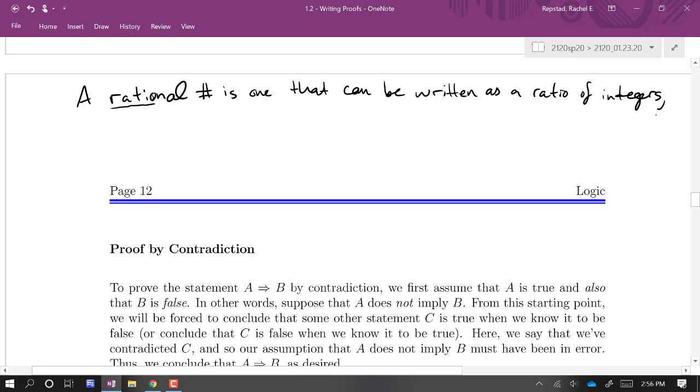So not only is a rational number one that can be written as a ratio of integers, but it can be written as a ratio of integers in lowest terms, like a reduced fraction. An irrational number is just one that cannot be written as a ratio of integers.